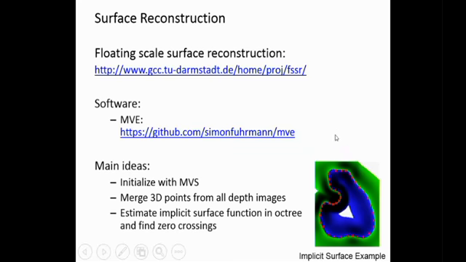And the main idea of FSSR, floating scale surface reconstruction, is to use the normal and the scale of surrounding points to do a better job of creating your implicit surface function, so that in areas where you have a lot of detail, you get a sharp surface, and in areas where you don't have a lot of points, you get a smoother, large surface.